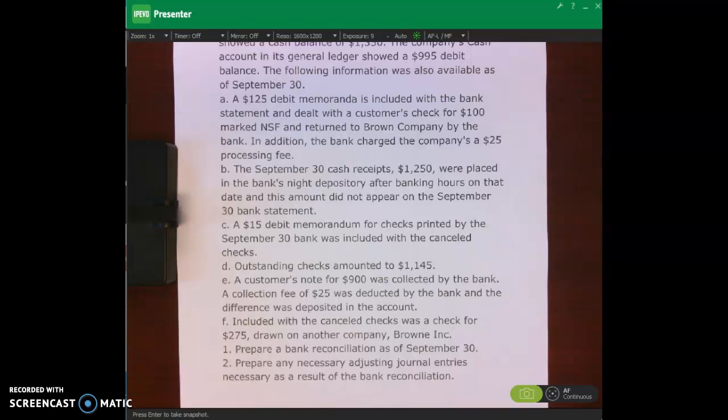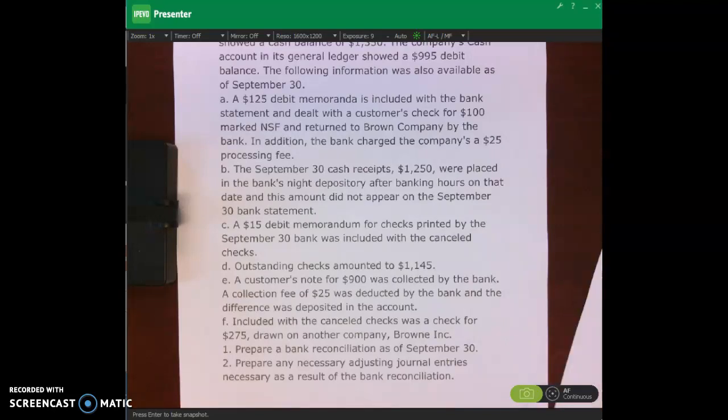E, a customer's note for $900 was collected by the bank, and then a collection fee of $25 was deducted. And then F, included with the canceled checks was a check for $275 drawn on another company, Brown. And then part 1, prepare a reconciliation, and then part 2, do any necessary adjusting journal entries, okay?